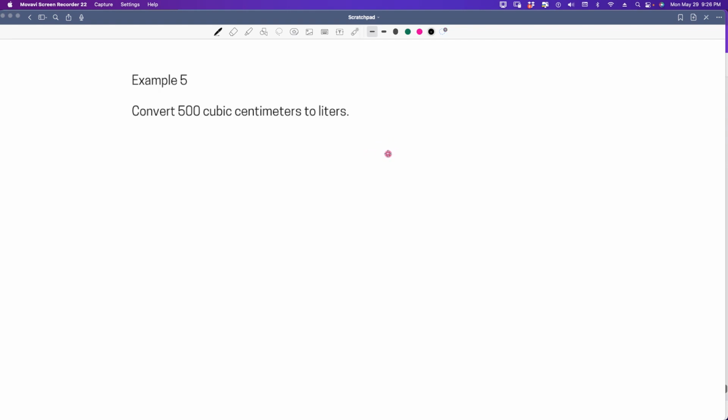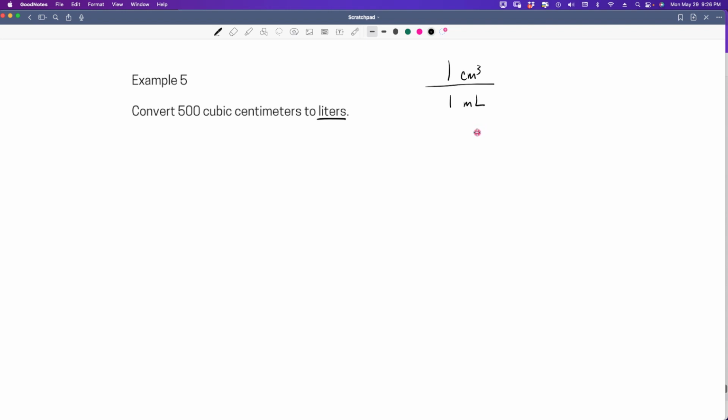So we're going to have to do a little bit of extra conversion on this problem. Our unit of reference tells us that 1 cubic centimeter is the same thing as 1 milliliter, but we want to go to liters. So we're going to convert from cubic centimeters to milliliters, and then from milliliters to liters. Now, if you remember your steps, you know that milli is a liter divided by 1,000.